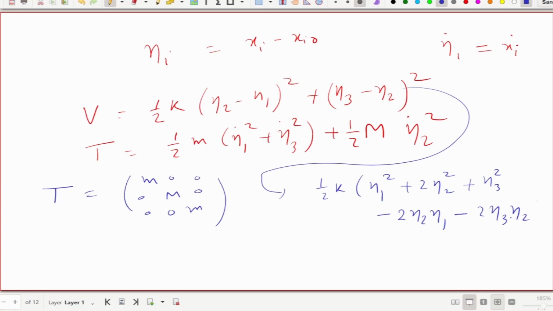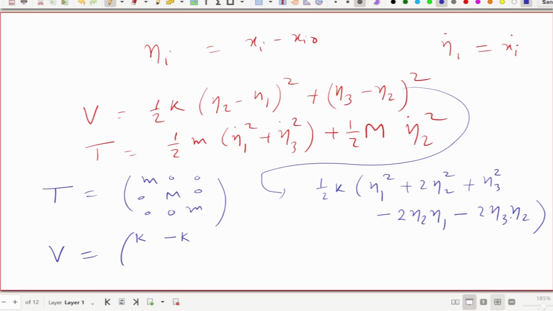So, this is the potential energy explicitly. The V matrix we can write from your knowledge in the last class. For eta 1 square it is k, and for eta 1 eta 2 it is minus 2k, but it has to be symmetric, so we write it as minus k in each of the symmetric positions, that is, eta 2 eta 1 plus eta 1 eta 2.